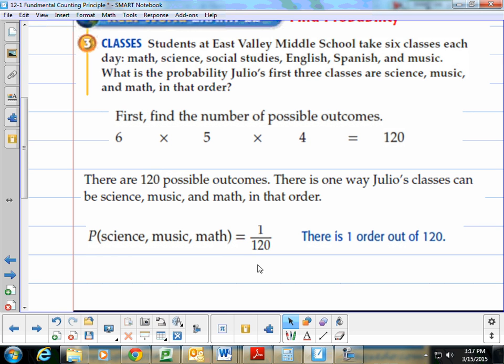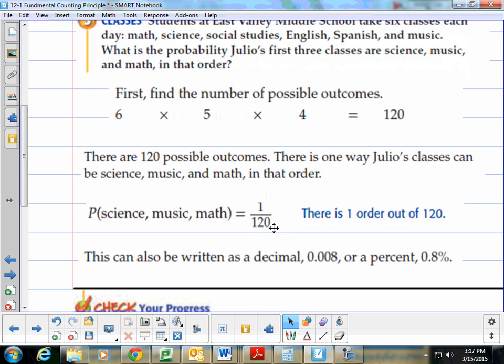It's one of the possible orders. This can also be written as a decimal if you divide 1 by 120, or as a percent if you multiply by 100, as 0.8%. So there's only a 0.8% chance that he's going to have those 3 classes in that order.